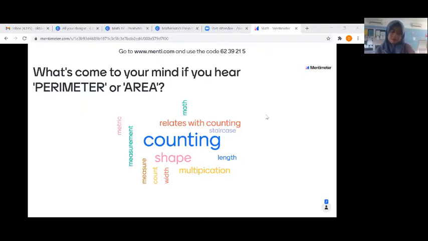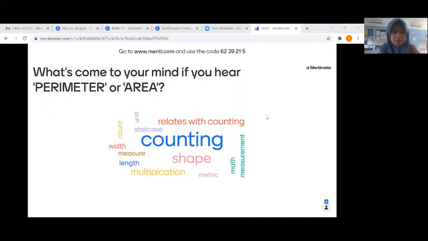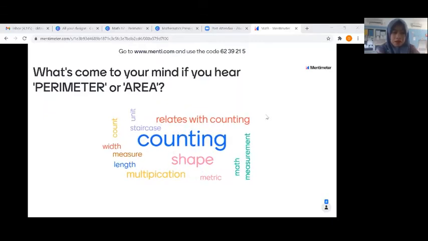Addition. Measurement, metric, math, multiplication. Okay, unit, yeah, unit.